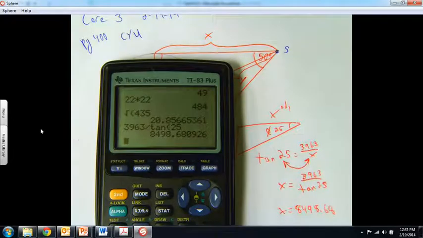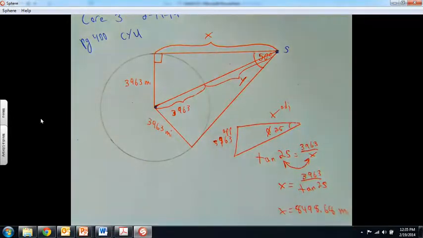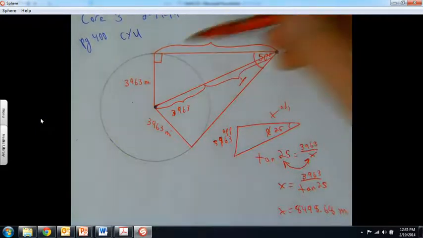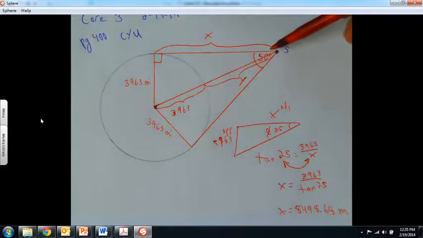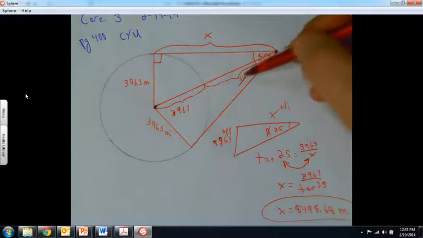And that's in the unit miles. That makes sense. If we're talking about the Earth with a radius of almost 4,000 miles, then this length looks like it should be about 8,500. So that makes sense. Always good to look back and make sure your answer makes sense and is not just gibberish. Now, let's try and figure this part out.